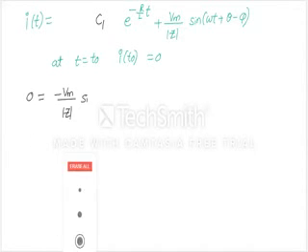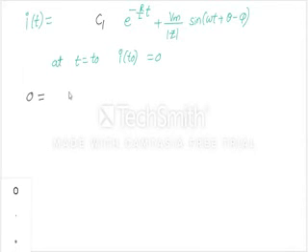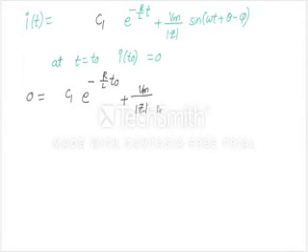We need to get C1, so we will get C1 into e power minus R by L into t naught, plus Vm by mod z into sine of omega t naught plus theta minus phi.